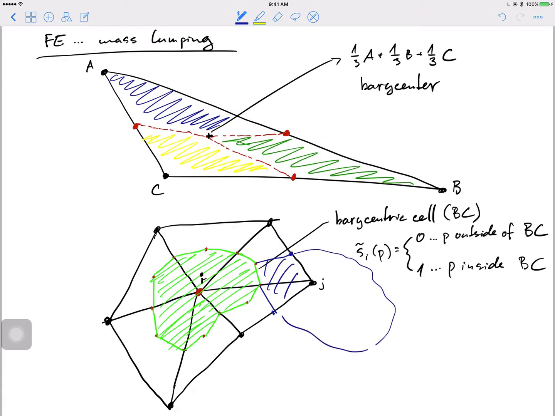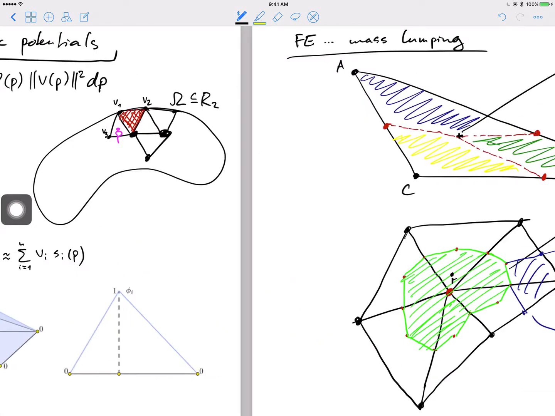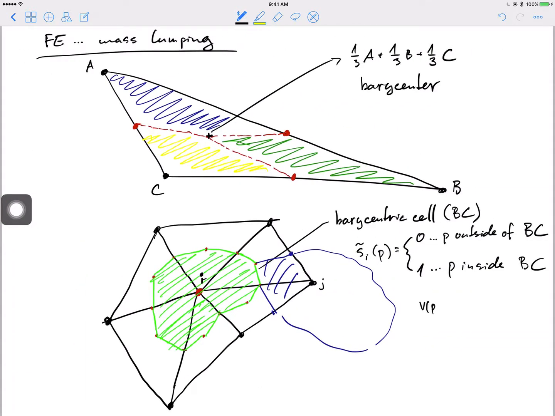So every vertex would have some barycentric cell with it. Each of the barycentric cells would have the corresponding shape function, and now I can interpolate my velocities like this. Instead of using the hat functions, I can say that v_P is going to be the sum. The velocity samples are the same, but now I just use the tilde shape functions.